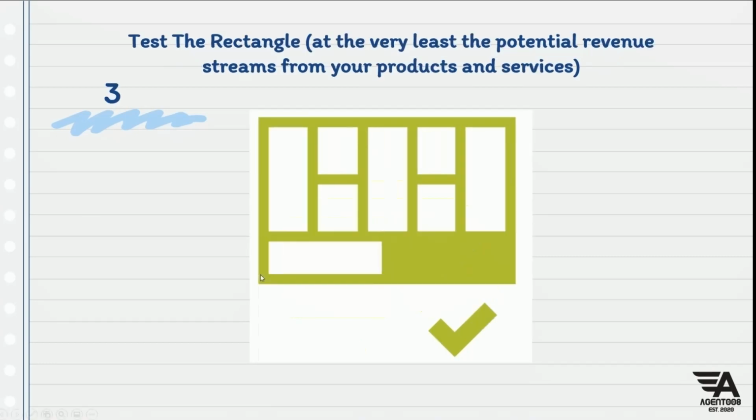Third one, which is the third stage, and why do we need to test the rectangle here? After testing the circle and the square, you need to try to figure out which customers are actually willing to pay for your value proposition, right? And which is here the most important step for you.